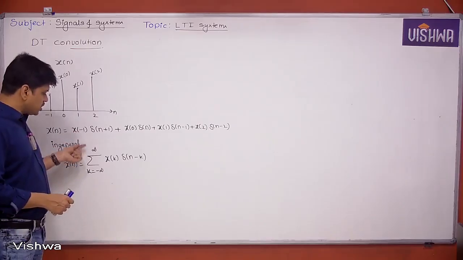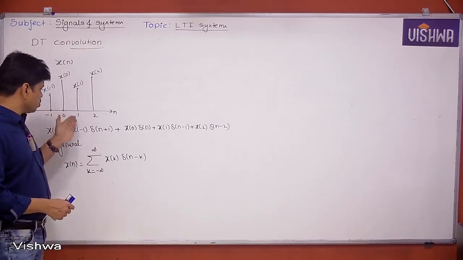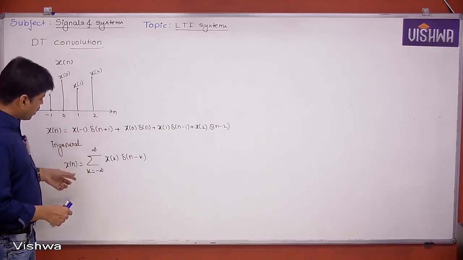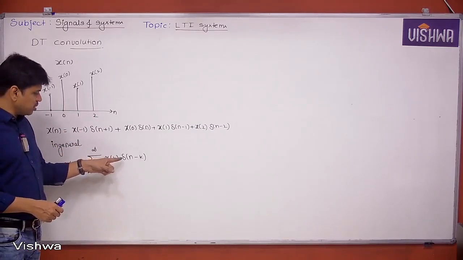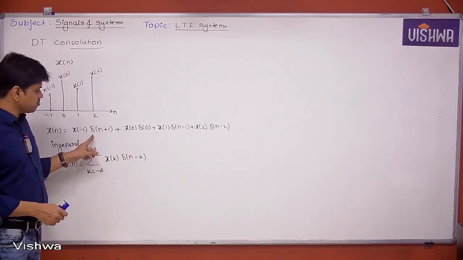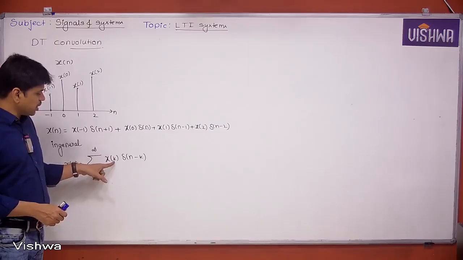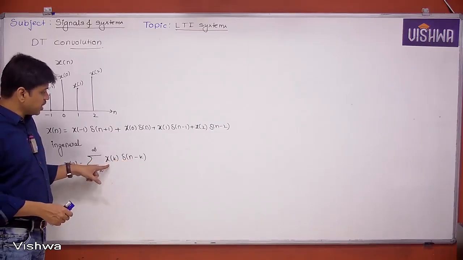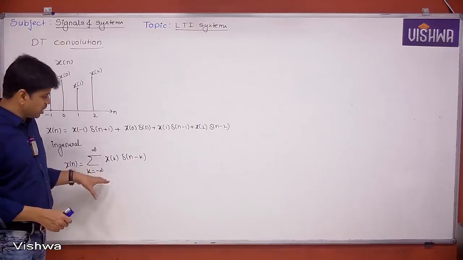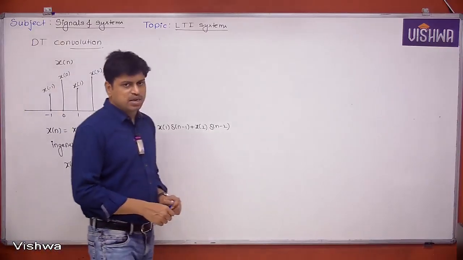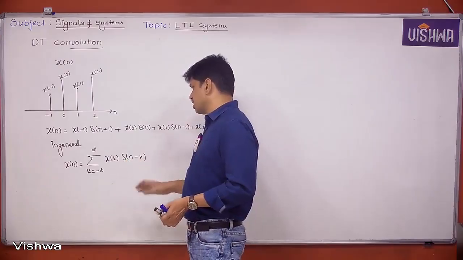Suppose k changes from minus infinity to plus infinity, but in this case we only have minus 1, 0, 1, 2. If k is equal to minus 1, we write x of minus 1 delta n plus 1. If k is equal to 0, x of 0 delta n. If k is equal to 1, x of 1 delta n minus 1. If k is equal to 2, x of 2 delta n minus 2. This is the way we can represent it. So in general, any signal can be represented in this form, that is x of k delta n minus k.